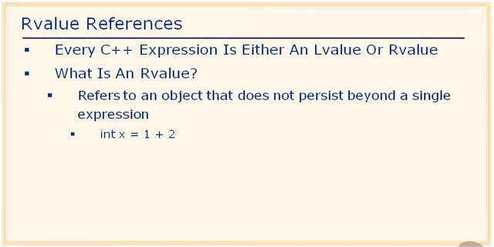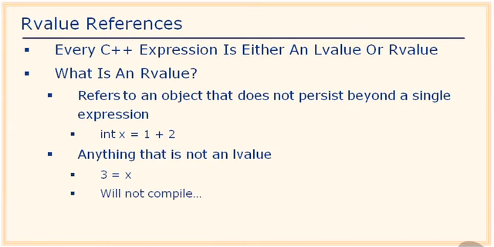Be careful, you can't just go by L values on the left and R values on the right. The real bottom line, and it even kind of says this in the standard, is: what is an R value? Anything that's not an L value. Now if I try to set 3 equal to x, thankfully it's going to throw an error. It will not compile.